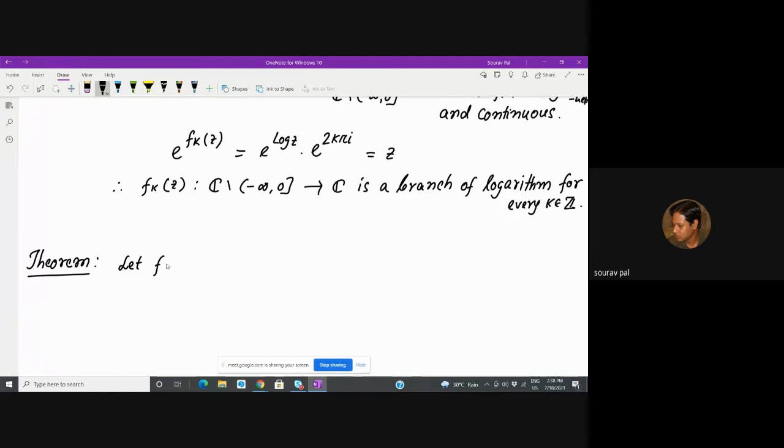Let f from G to C be a branch of logarithm.